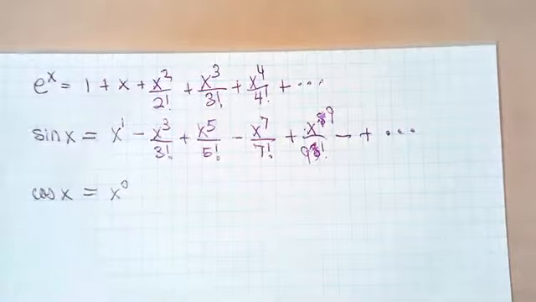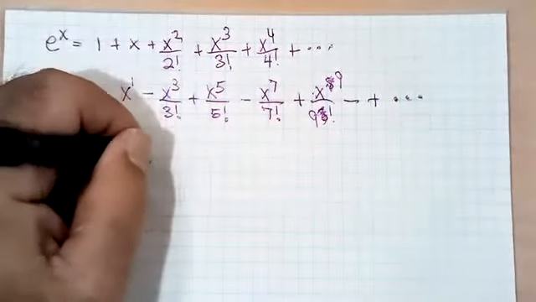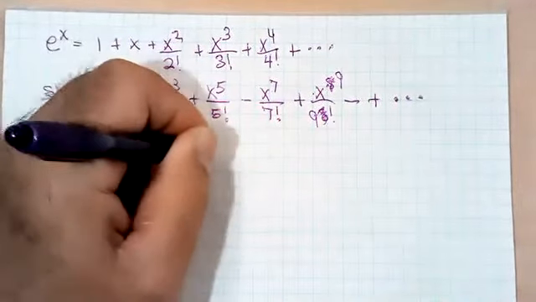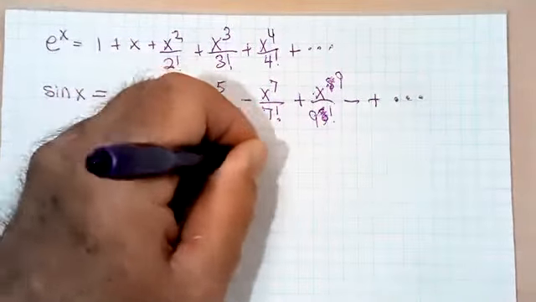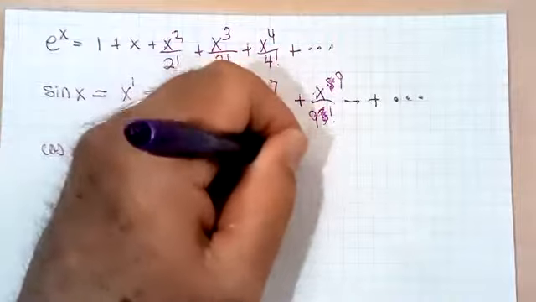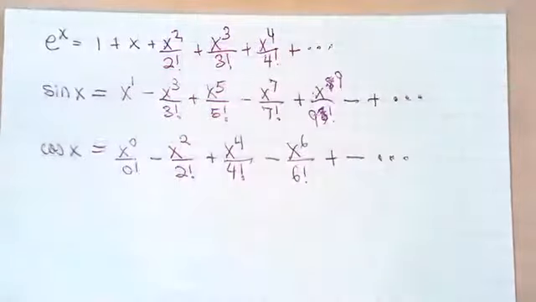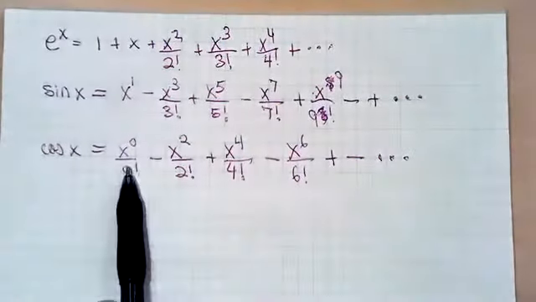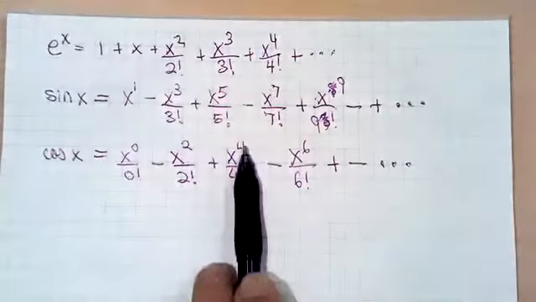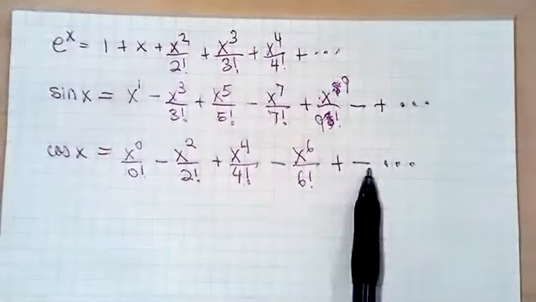The cosine looks very similar, except it works with even powers. x to the 0 over 0 factorial, which is 1. That whole term is 1. Minus x squared over 2 factorial plus x to the 4th over 4 factorial minus x to the 6th over 6 factorial plus, minus, etc. So it does a similar pattern to the sine, but it works just with the even powers, 0, 2, 4, 6, 8, etc. But you're getting this alternating sign, plus, minus, plus, minus.